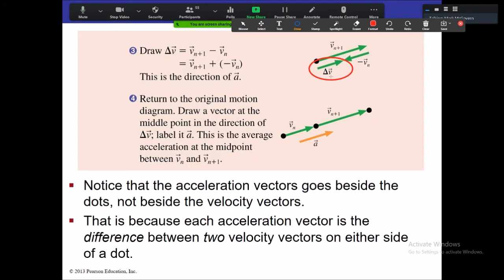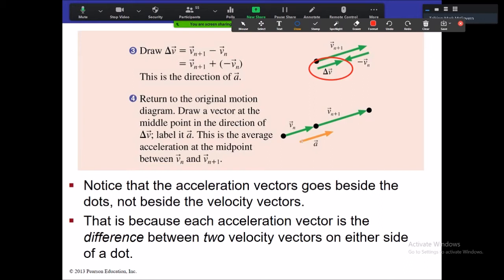Now, the acceleration is equal to delta V over delta T. But remember, delta T can be anything we want, so we'll just make it equal to 1 second. Your delta V vector is effectively the same as the acceleration vector, which I can now draw at this intermediate point. I'm drawing an acceleration vector here, indicating the direction of the acceleration, and that means things are speeding up as we move along.